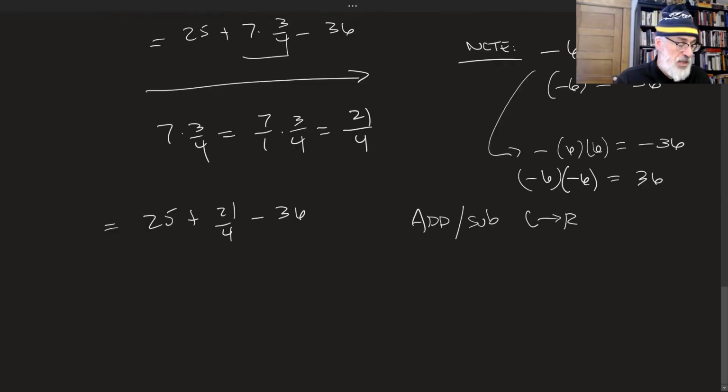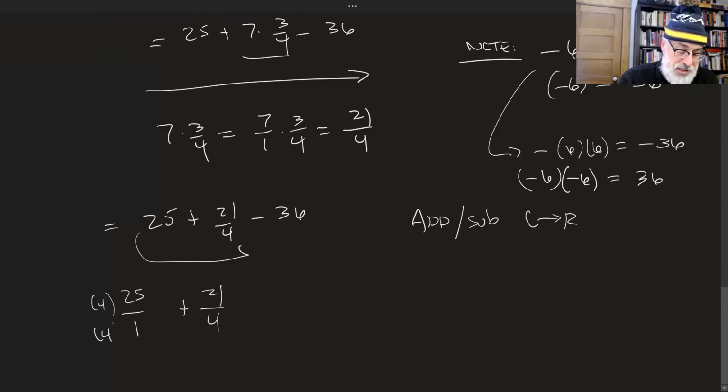So the first thing we're going to look at is the 25 plus 21/4. So we need a common denominator, to add fractions. So I'm going to write 21/4 over here. And to get a common denominator, we essentially have 25 over 1.